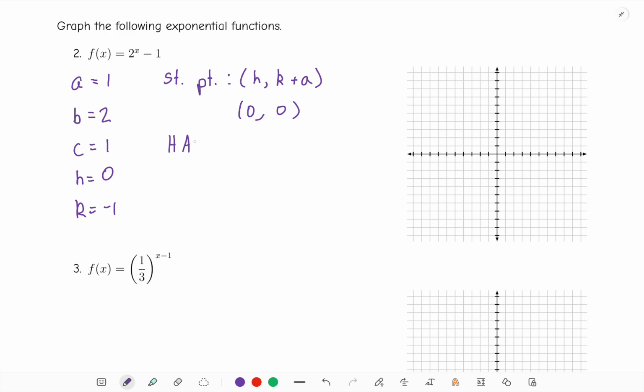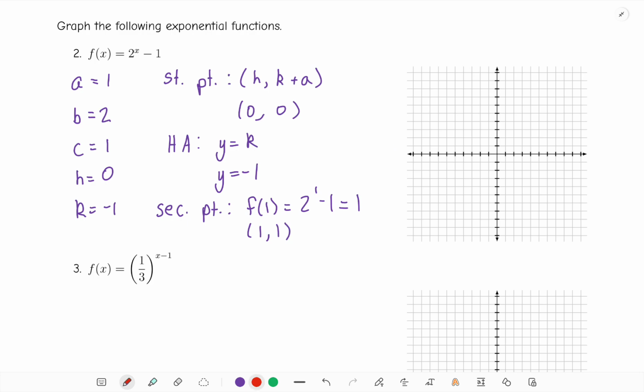Our horizontal asymptote is at y equals K. Since K is negative 1, that's y equals negative 1. And last but not least, we need a second point. I'm just going to plug 1 in, so f of 1, which is 2 to the 1 minus 1, which is 1. Our second point is 1, comma 1.